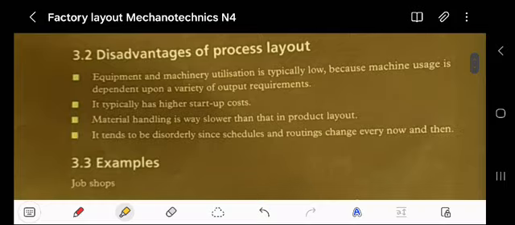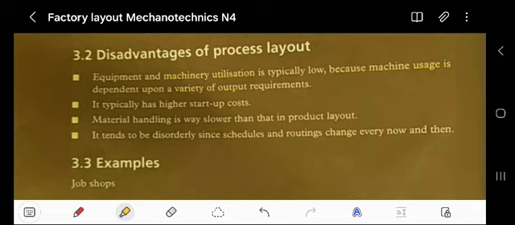Disadvantages of process layout: the equipment and machine utilization is typically low because machine usage depends upon the variety of output requirements.